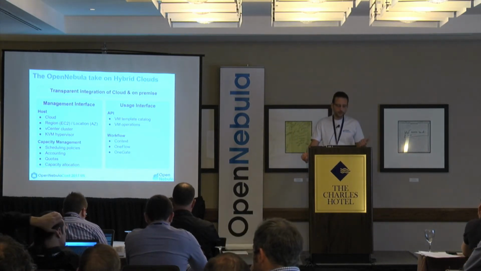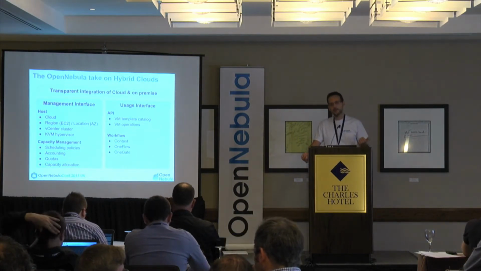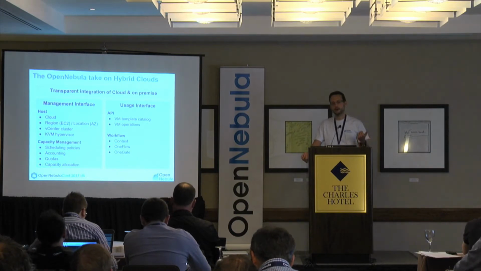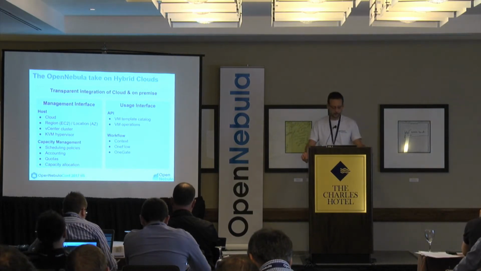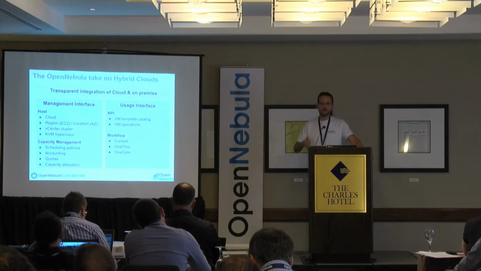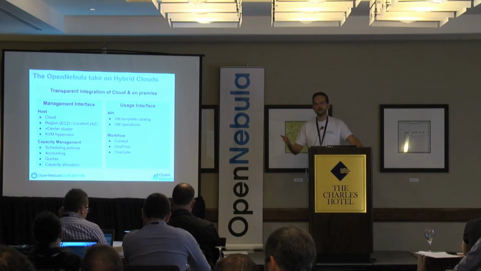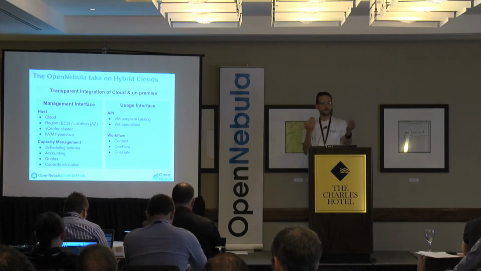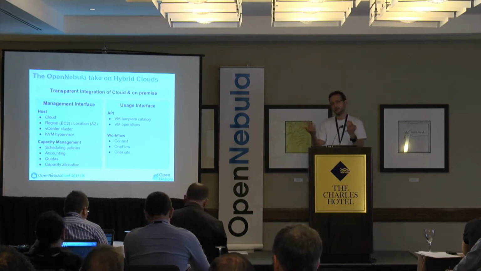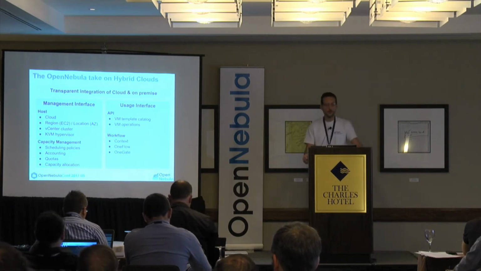Okay, and also you have all the same capacity management techniques that you apply. So scheduling policies work either for KVM hypervisors or vCenter or Amazon EC2. Accounting: you can account the usage on the external cloud, so you can check if Amazon is billing you the right amount of resources, for example.